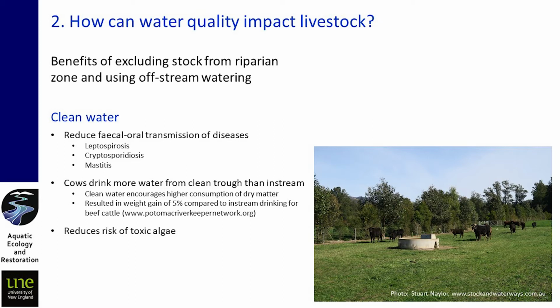So that study came from North America, and that was for beef cattle. And so a 5% weight gain, it didn't specify the time. But they also found that for milk cattle, it actually resulted in an increase in the fat content of the milk. And so it increases the actual production, whether that is biomass or beef weight gain, or whether it's milk production.